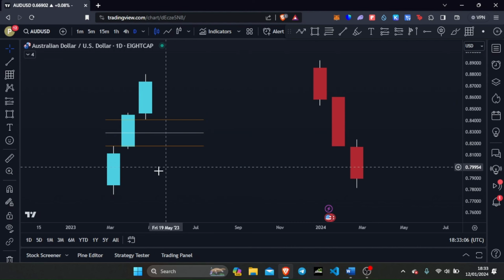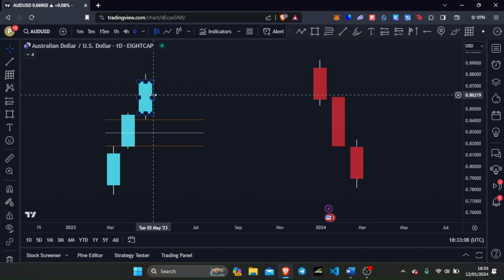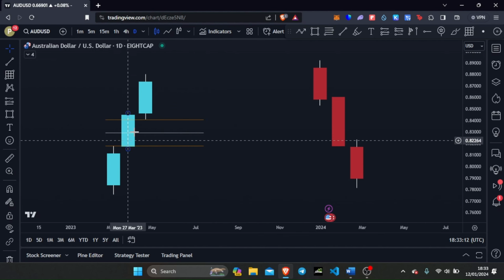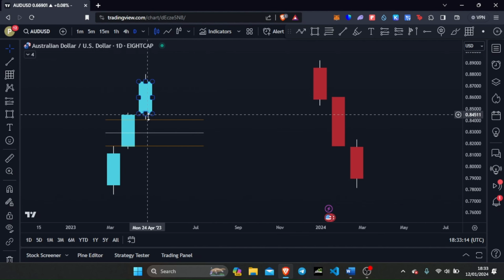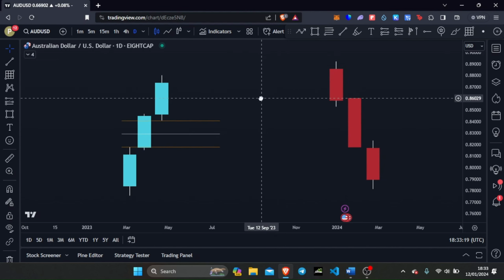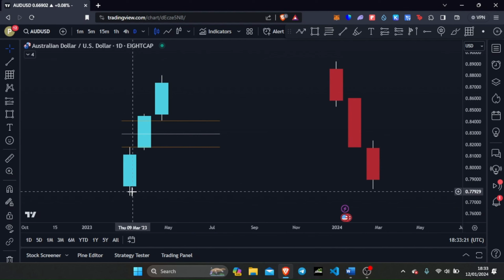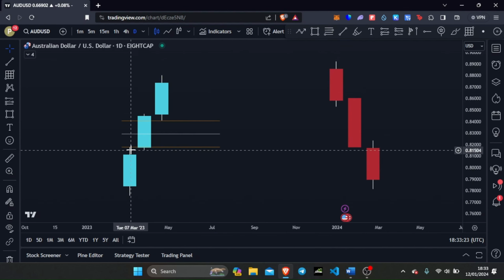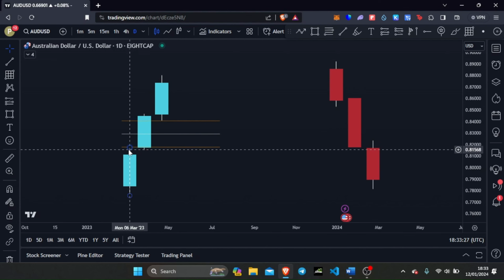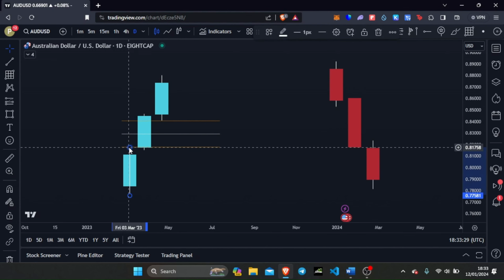A fair value gap will always be shown in a 3-candle formation where the first candle's wick will not be close to the third candle's wick. So let's take a look at these examples that I've got for us right here. In a bullish scenario, we have an expansion to the upside. Then we have a massive push out. And as we can see, this candle stopped right here.